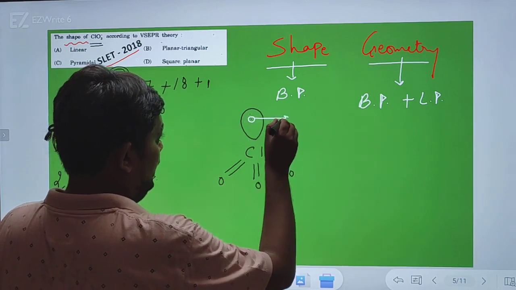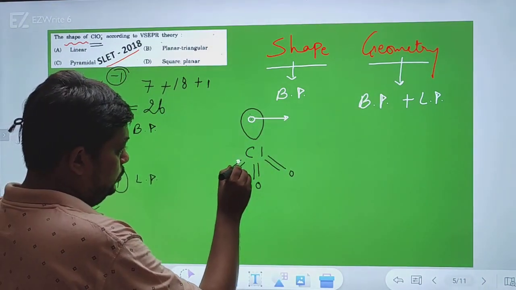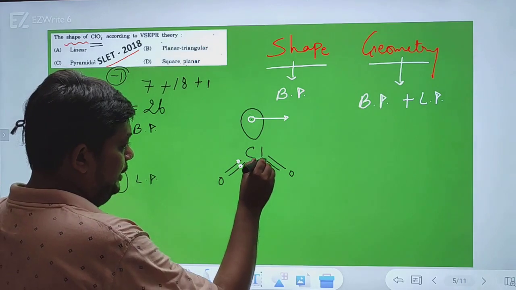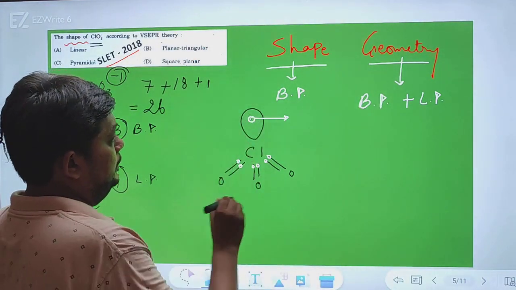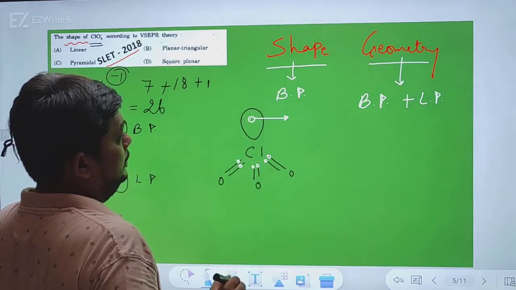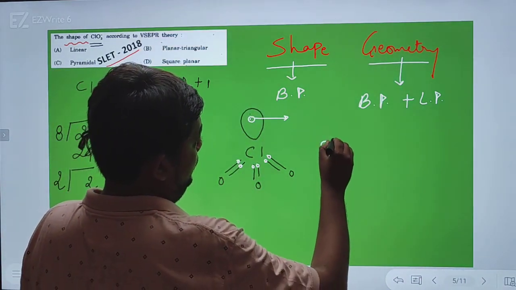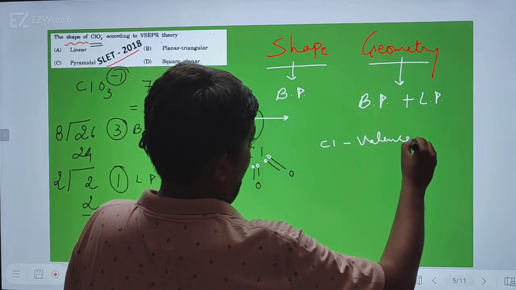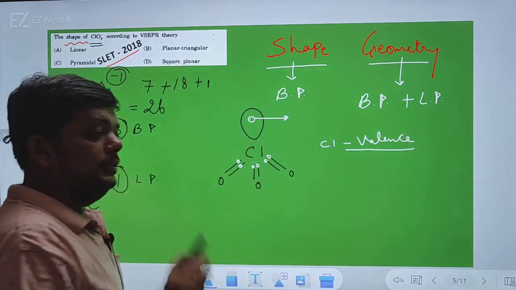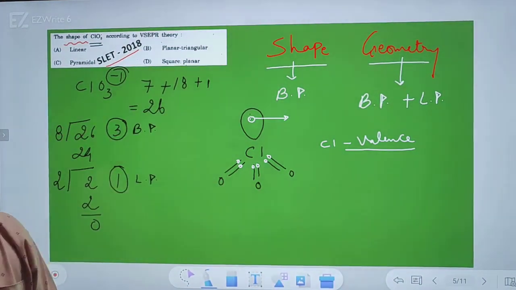This 1 electron, 2, 3, 4, 5, 6 and 7. These 7 electrons will be the chlorine valence electrons and the rest will be oxygen, and the one will be the extra electron.